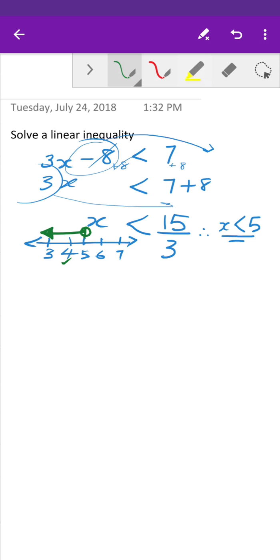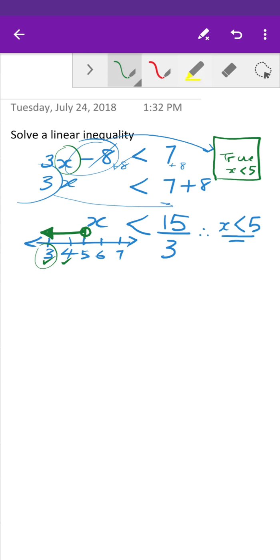So yes, 4 is less than 5, 3 is less than 5. And they substitute into this equation up here. So 3 times 3 is 9, 9 minus 8 is 1, and 1 is less than 7, and it's true for all numbers less than 5. Okay, so this is the solution of the linear inequality.